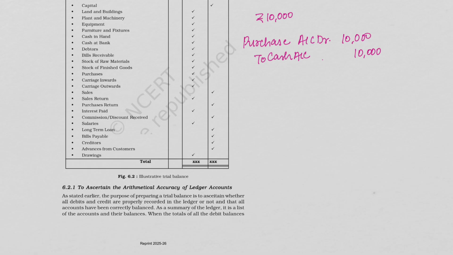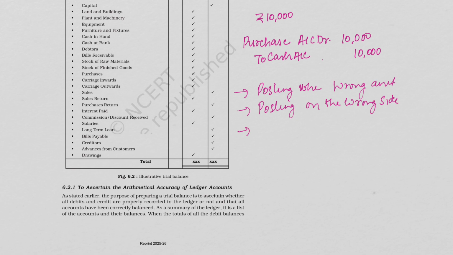During the posting process, the accountant might make a mistake such as posting the wrong amount, posting on the wrong side. It can also be missing a posting, or calculating the balance incorrectly.